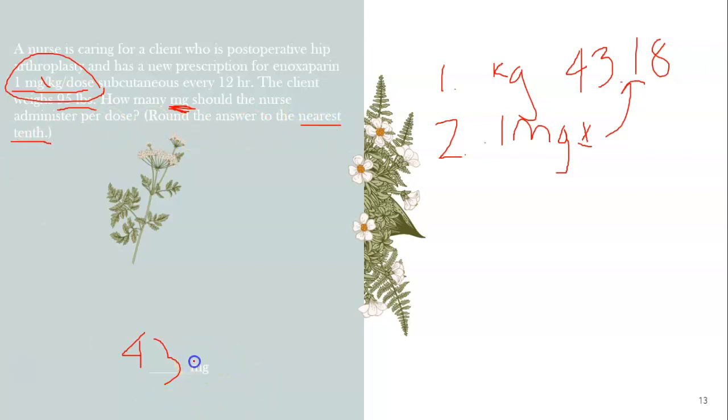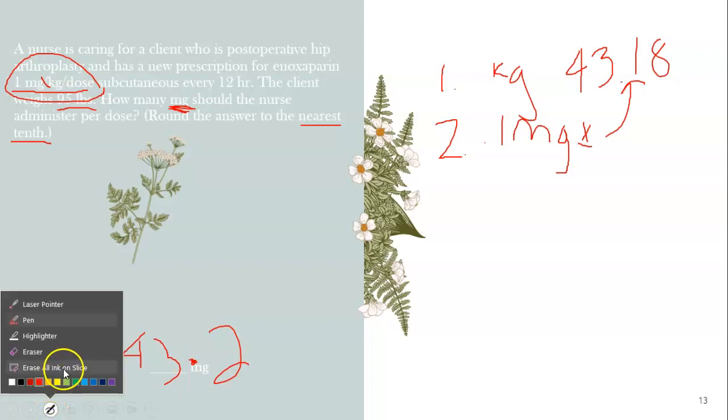If they want nearest tenth, I go back out and I say 43.2. They probably want me to keep it as accurate as possible. And as accurate as possible, that 8 would make the 1 a 2, and it would be 43.2. Okie dokie.